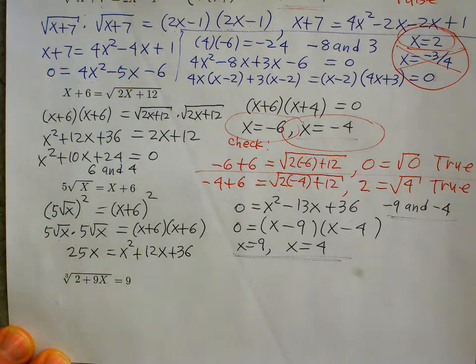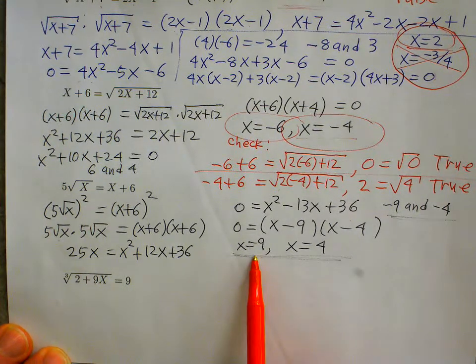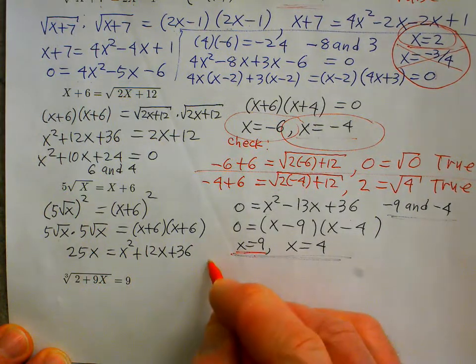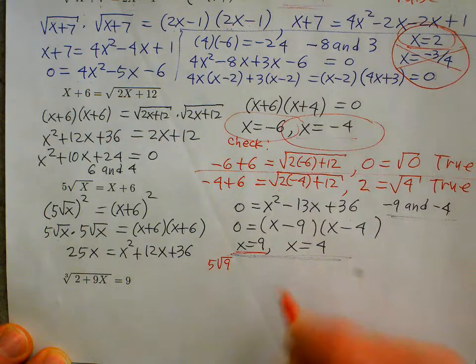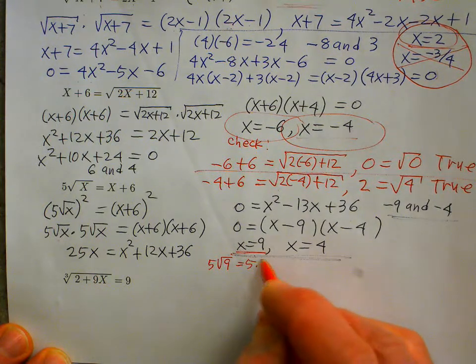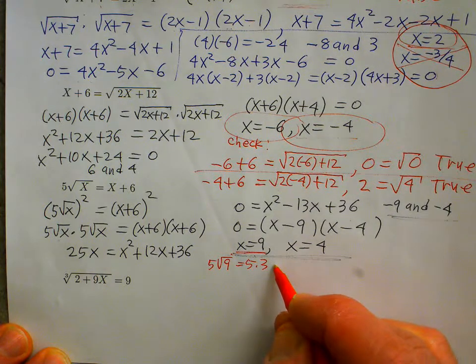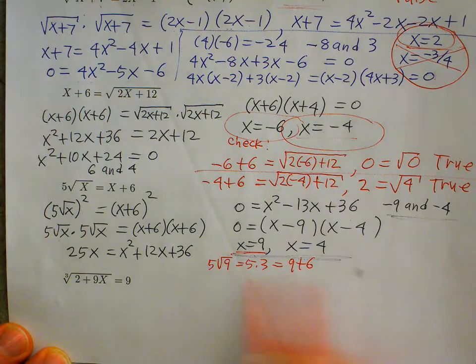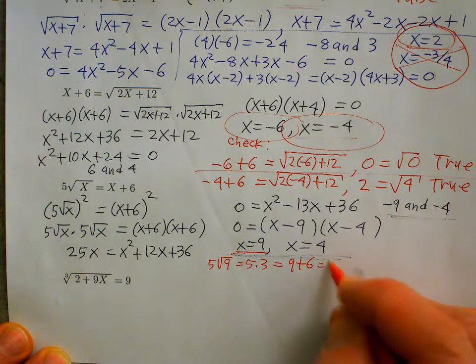Okay, when we check these, we'll check x equals 9 first. 5 times the square root of 9 is 5 times 3, and the right-hand side is 9 plus 6. Both of those are equal to 15, so that's true.